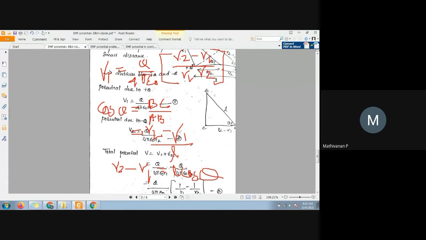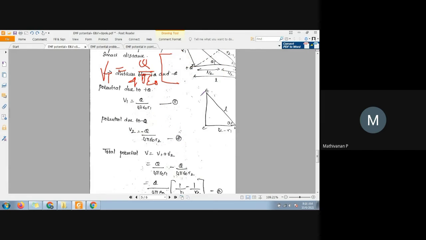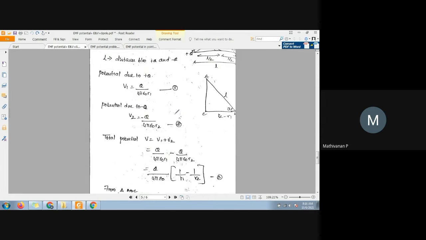Substitute for R2 minus R1 in the VT expression. So what will be your expression? VT is equal to Q divided by 4 pi epsilon naught into L cos theta divided by R1 R2. Could you understand what I'm saying? Any doubts till now? Now we found out the potential.